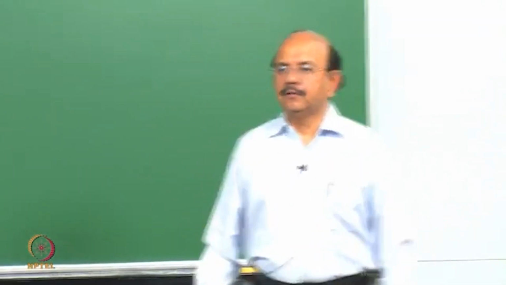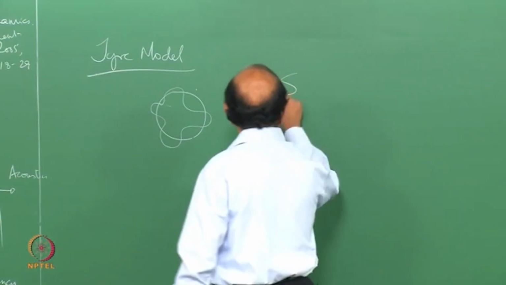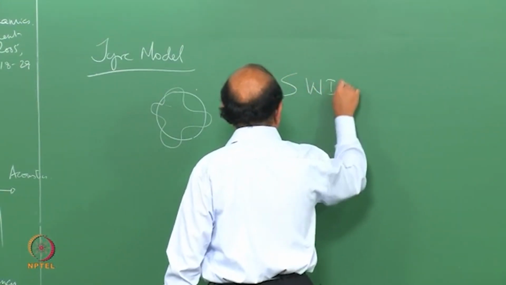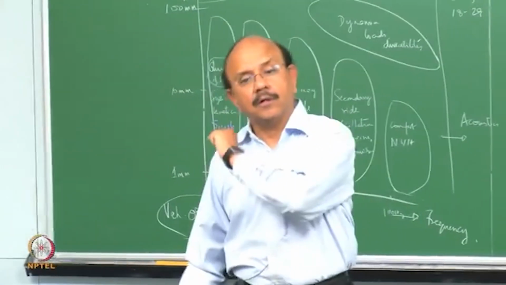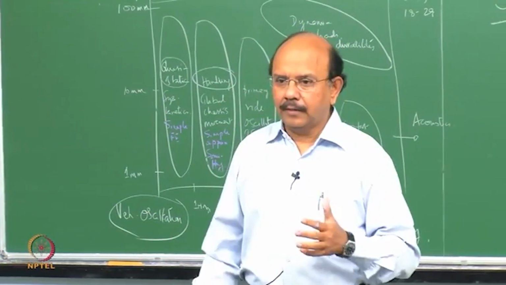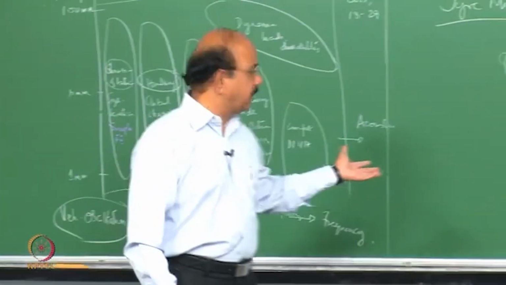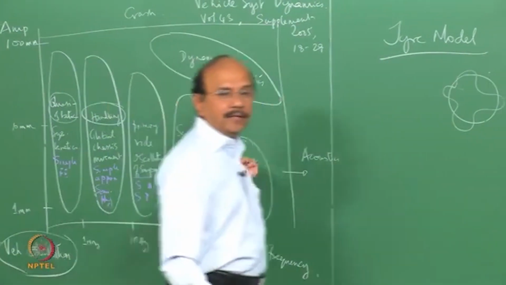For example, you have a model called the Swift model. The name itself says it: short wavelength intermediate frequency tire model. That may be about 70-80 hertz, and that's the frequency range it can accommodate.